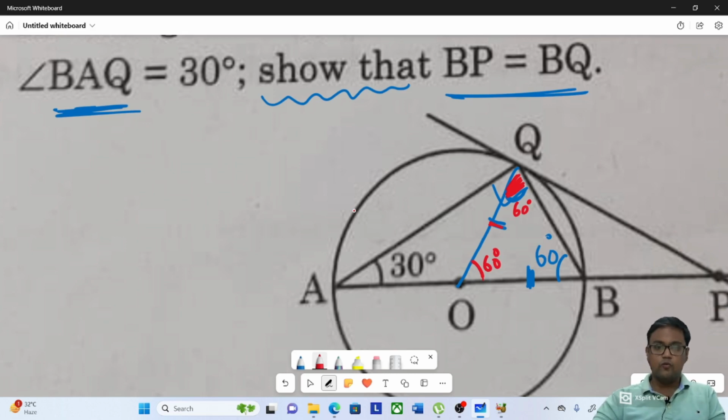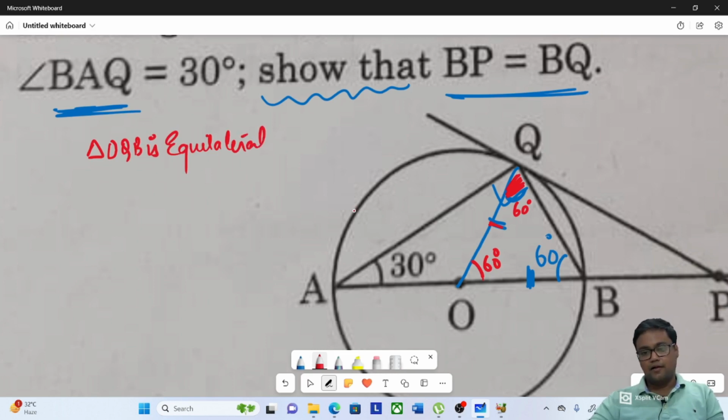So triangle OQB is equilateral, right? And this shows that all the three sides OQ, OB and BQ are equal to each other.